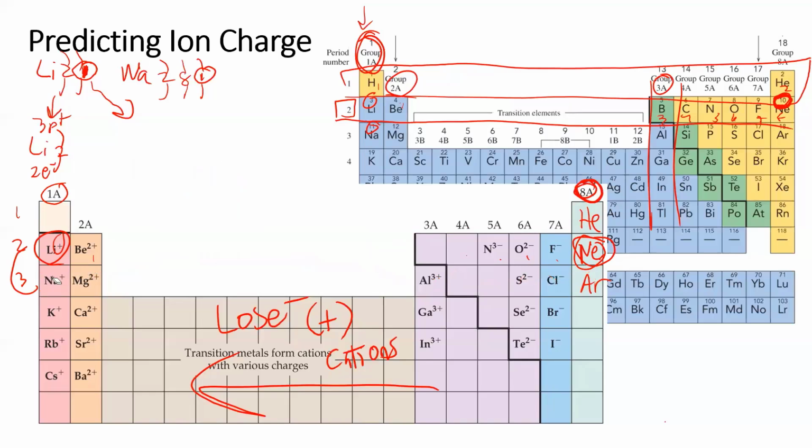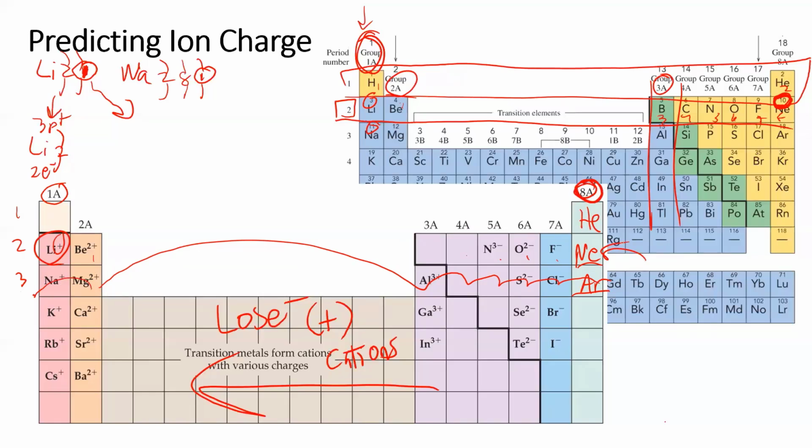So when I go to something like magnesium, magnesium has the same choice. It wants to be a noble gas, so it could be like argon or neon. If it wants to be like argon, it would have to gain 1, 2, 3, 4, 5, 6, because it has 2 valence electrons. Or instead, it could lose 2 and be like neon.